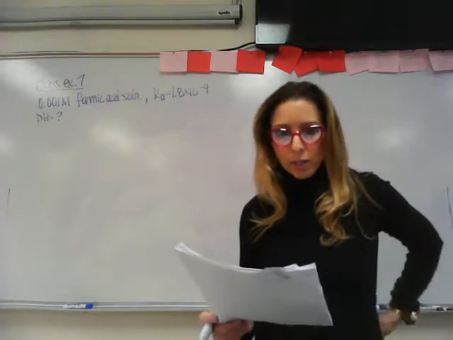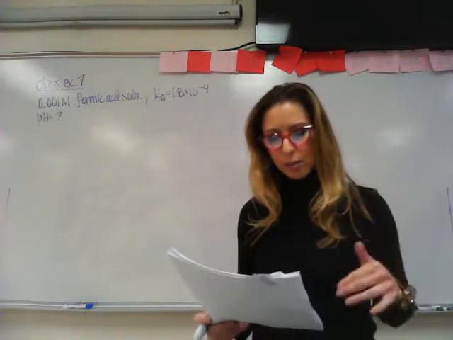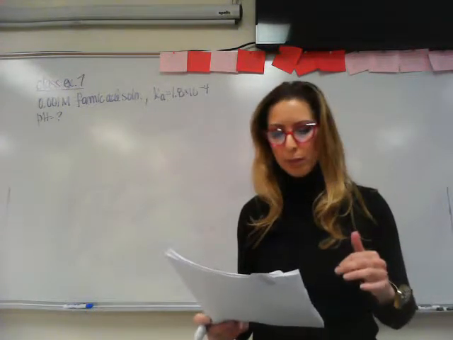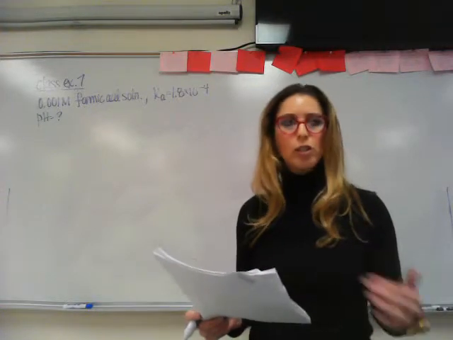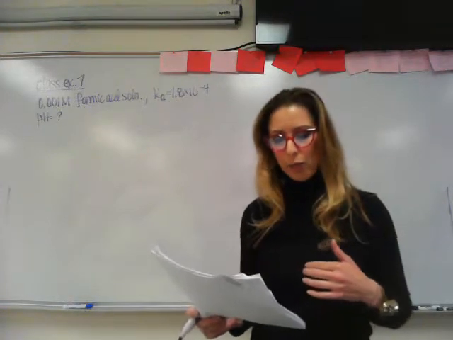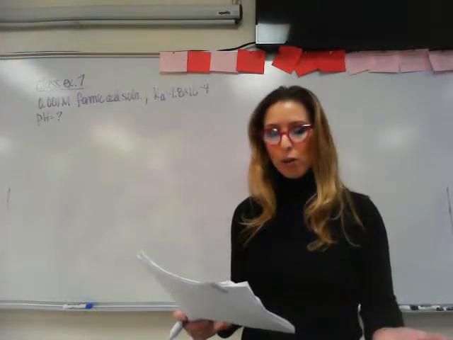Determine the pH and the concentration of formic acid at equilibrium. Now here we're going to calculate the equilibrium concentration and the pH from Ka, and we can use the successive approximations method. You can also solve it with the quadratic formula.